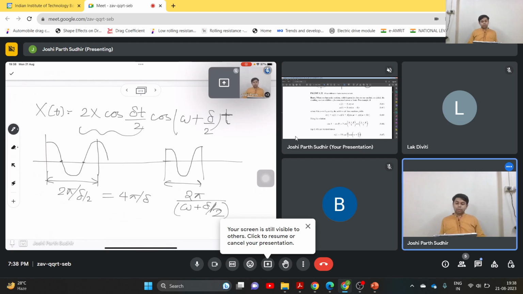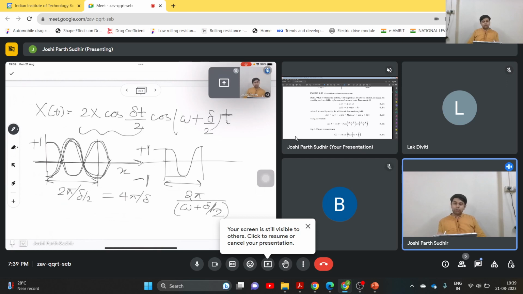So now when we superimpose this, this has amplitude between plus 1 and minus 1. When we try to superimpose this, if we have a mirror image of this about the x-axis, then this outer envelope becomes like this, right?